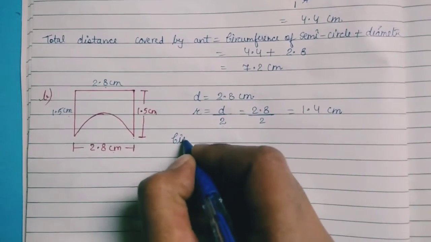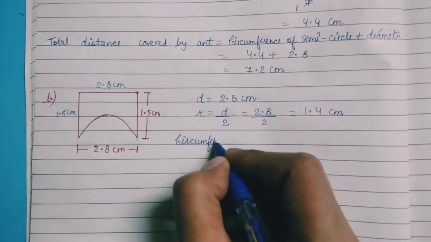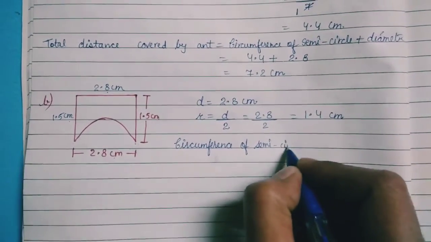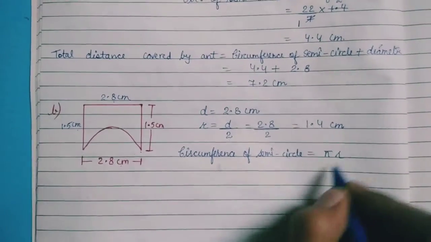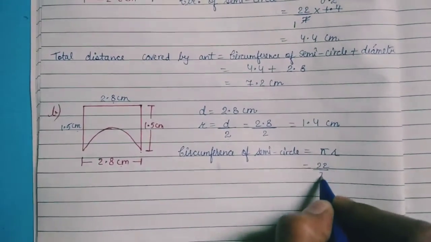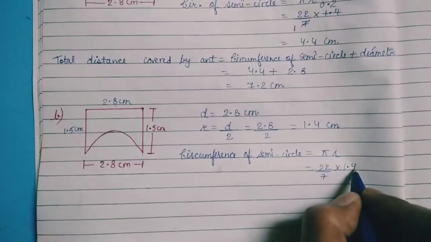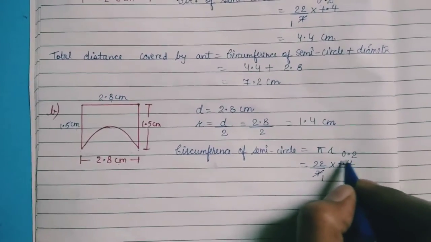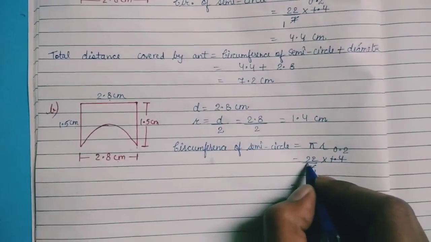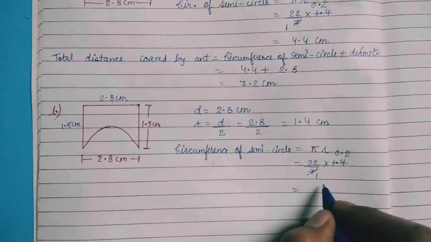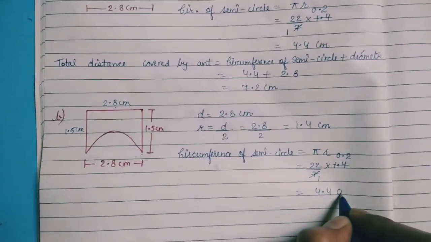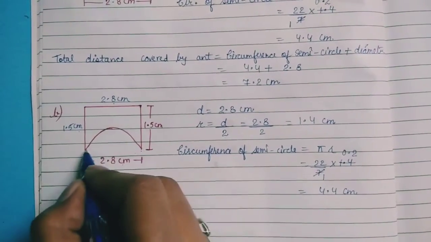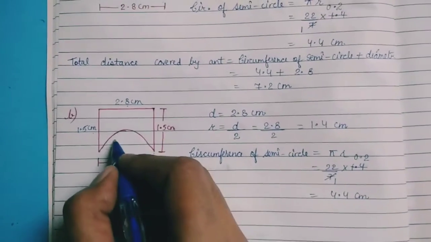Now the circumference of the semicircle is pi r. Pi value is 22 by 7, r is 1.4. When we divide 1.4 by 7, it gives us 0.2. And after multiplying 22 by 0.2, it gives us 4.4 centimeter. It means on the curved part, the ant will travel 4.4 centimeter.